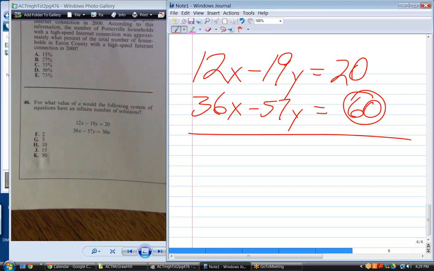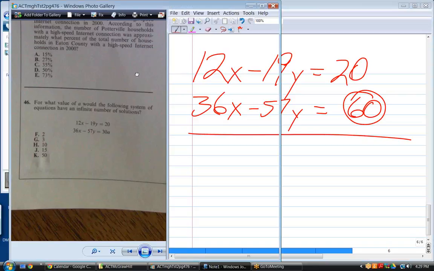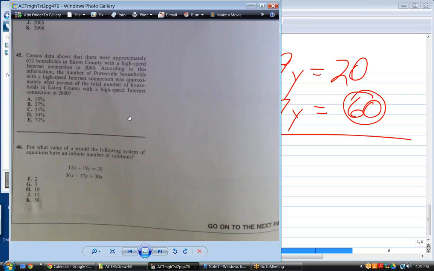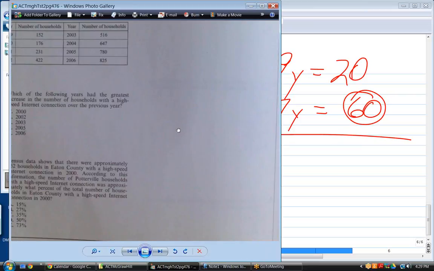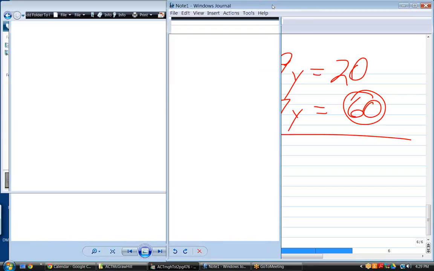If that were 60, then I would have an infinite number of solutions to this system of equations. So what does A need to be? 2. You got it. And they do like to ask questions about 2 equations and 2 unknowns, similar to this. They're always part of the hardest questions. This is definitely a difficult question, but they are very fond of doing that.